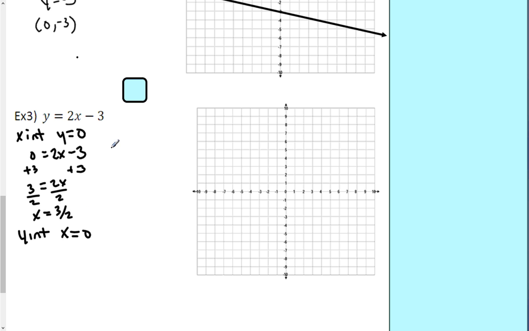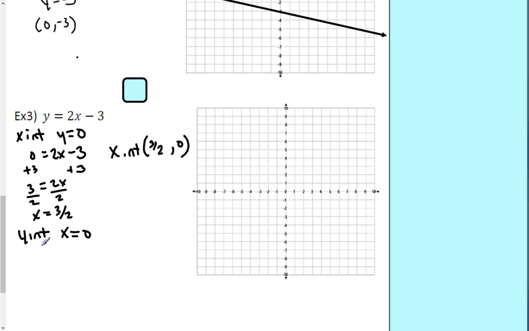So the x-intercept is 3 halves, comma 0. Boy, that is really sloppy, isn't it? The x-intercept is 3 halves, comma 0.